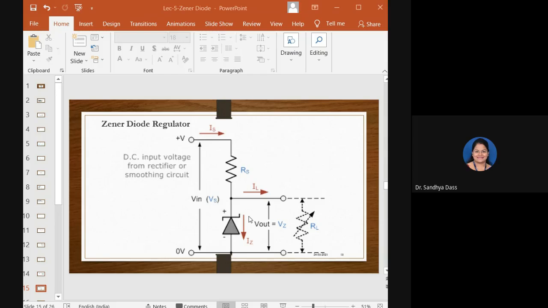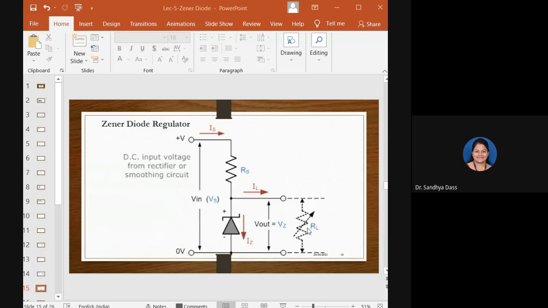Now observe, with no load connected to the circuit, the load current IL will be 0, and all the circuit current passes through the Zener diode, which in turn dissipates maximum power. Also observe here, a small value of series resistor will result in greater diode current, correct?